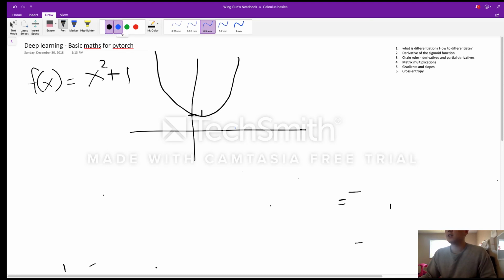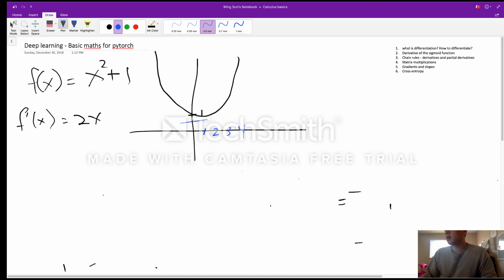So if you differentiate that, well, the constant basically turns to nothing. It's equal to 2x, which makes perfect sense because the gradient is not affected by me moving the curve up by 1 unit, right? So same applies. You got 1, you got 2, you got 3, you got 4.